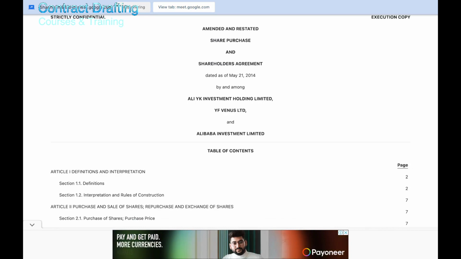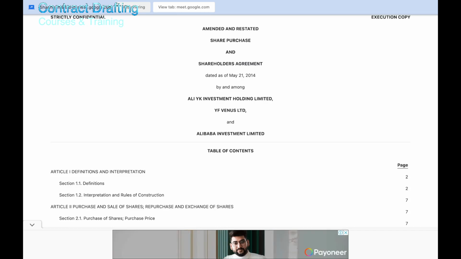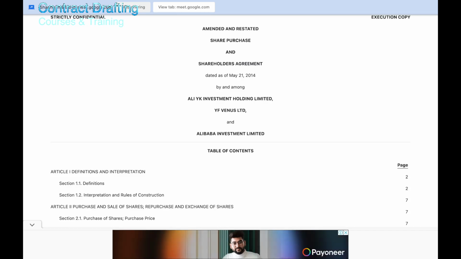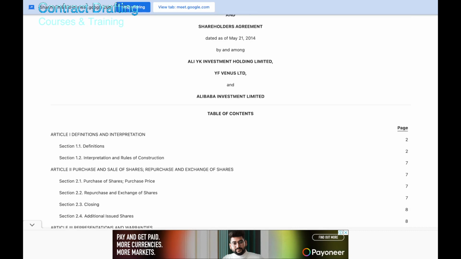Yes, it is, sir. Now if you see, this is a shareholder agreement between two entities, and they have used a definition section and an interpretation section separately.